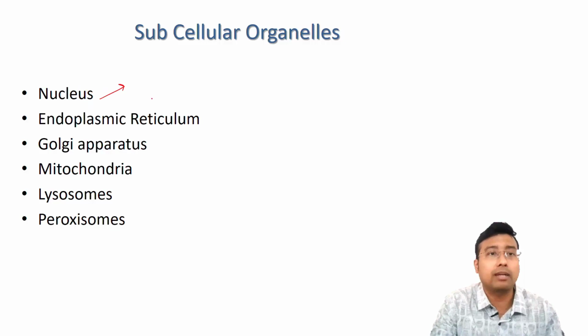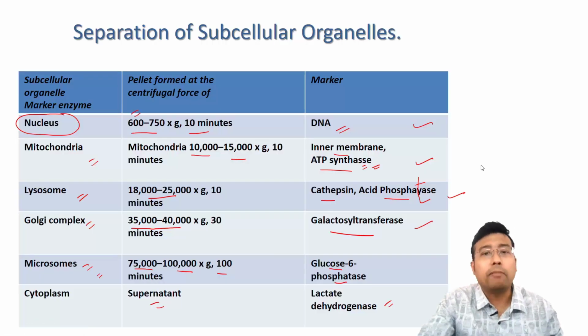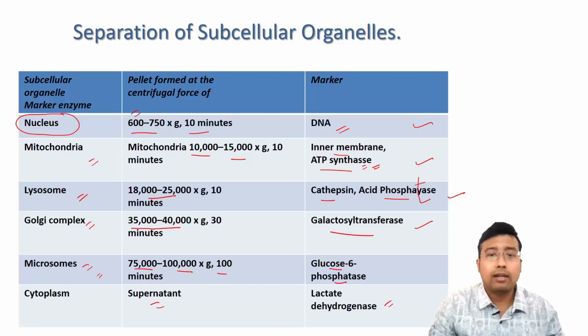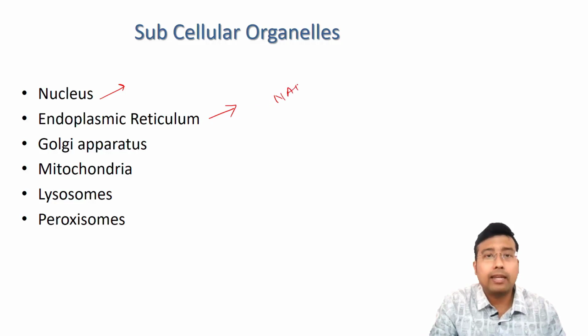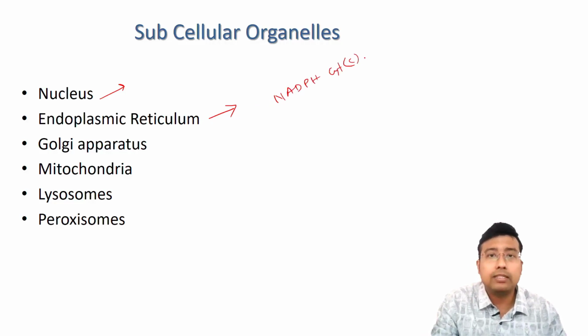So nucleus marker is DNA. Endoplasmic reticulum, the marker is, as I told you, microsomes, and endoplasmic reticulum goes hand in hand. So the marker is glucose 6 phosphatase, and you can remember NADPH cytochrome C reductase.